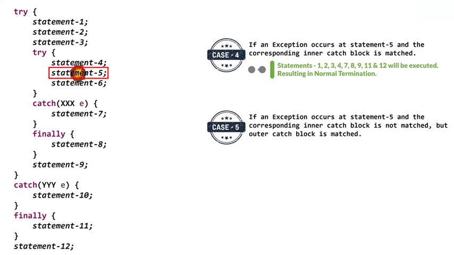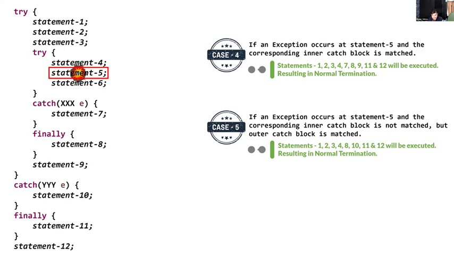No, sir. Whenever an exception occurs, from that moment till the matching catch block, whatever statements come in between will not get executed unless you have a finally block. Correct? So 9 will not be executed. Is that fine to everyone?